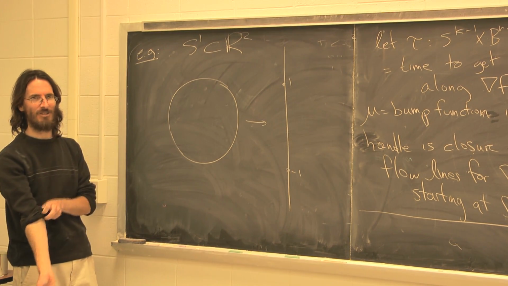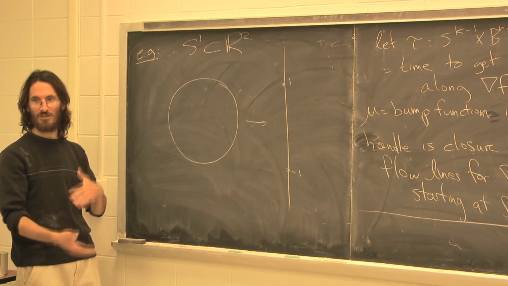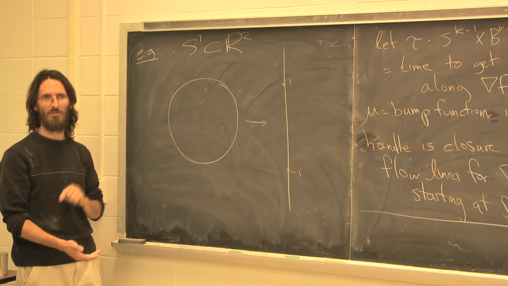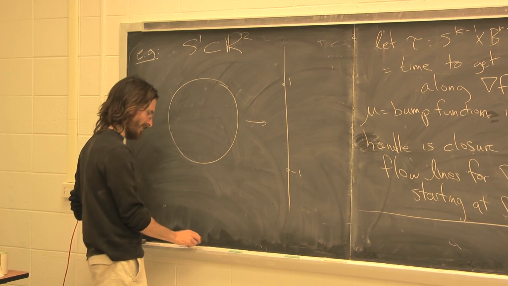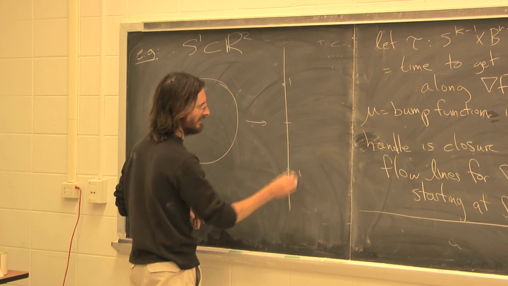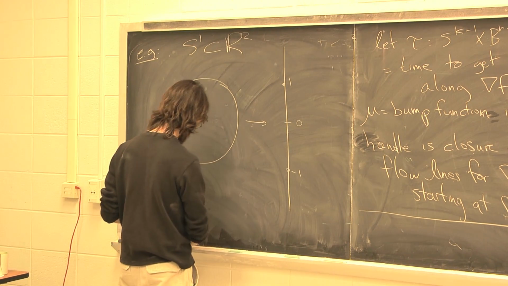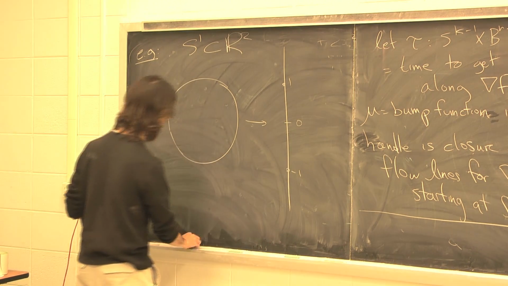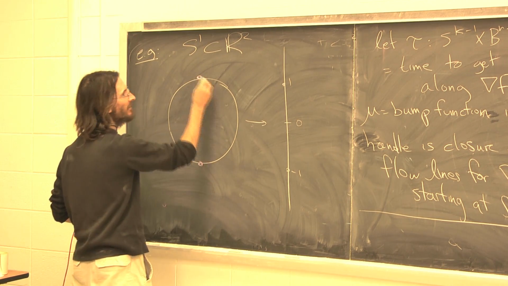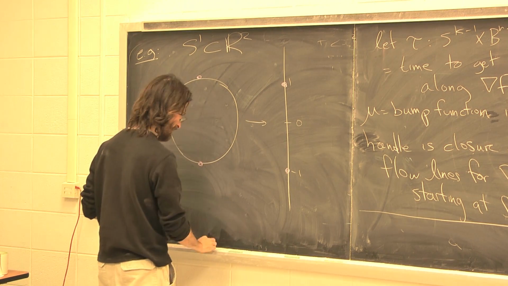I want to divide this into two cobordisms, each of them with just one critical point in it. So these are critical points, critical values, and I'm going to divide it.